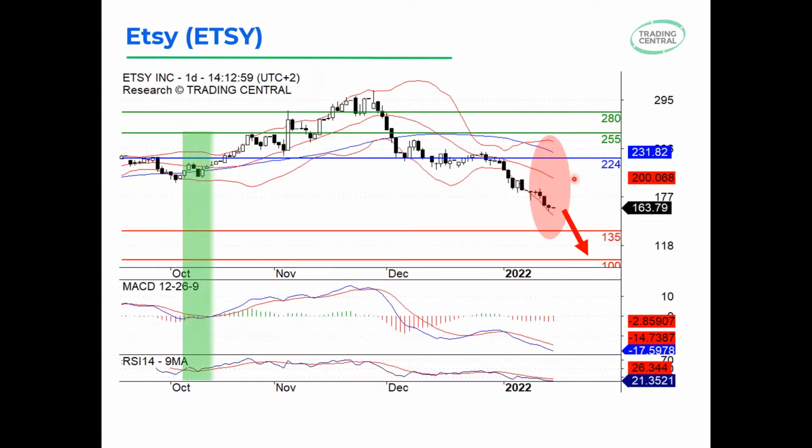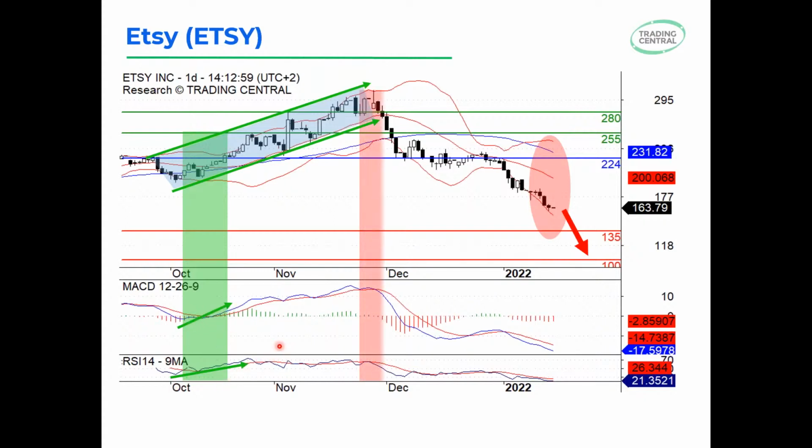In the past, when it made a record high like this, we had a bullish channel, and before it developed, we had a signal from the MACD: the blue line crossed above the red line, and also RSI. Then at the end of November, we had a bearish signal advising you to sell or to be less aggressive.